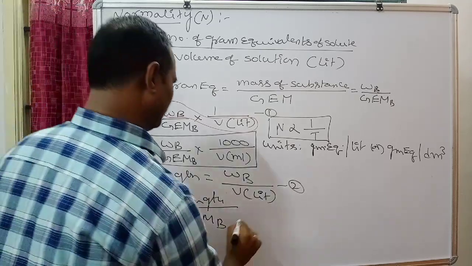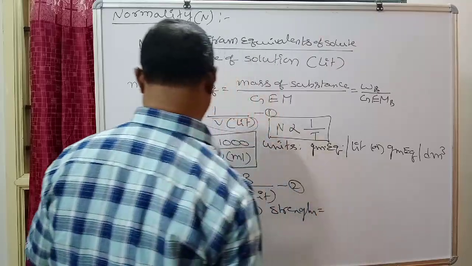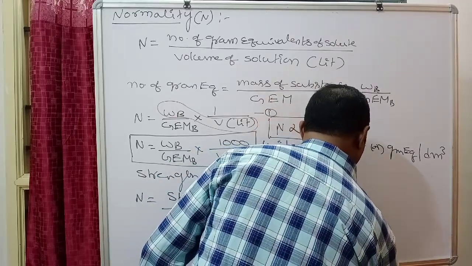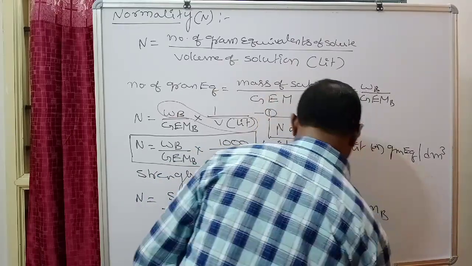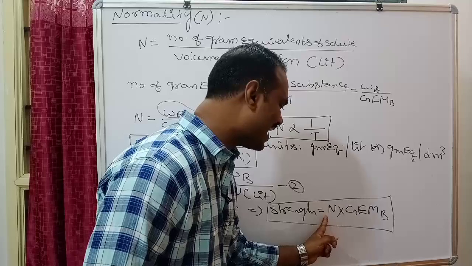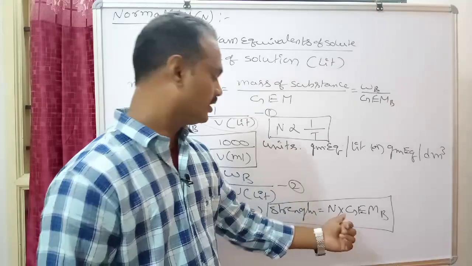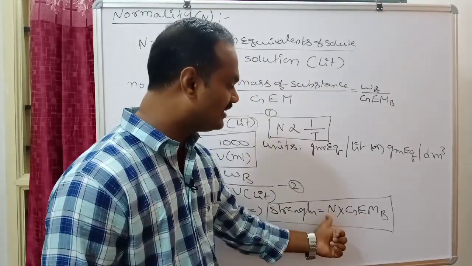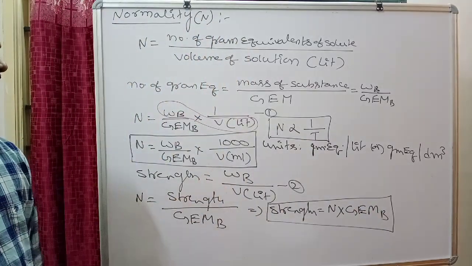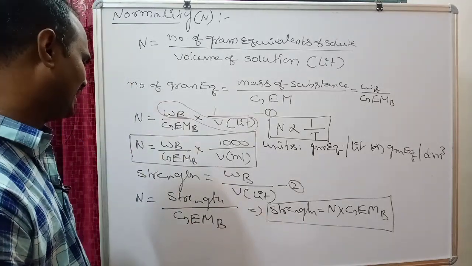From this, strength of solution is equal to normality into gram equivalent mass of solute. Carefully see, to find strength, if molarity is given, it is M into molar mass of solute. If normality is given, it is normality into gram equivalent mass of solute. Is it clear? This is the relation of strength, gram equivalent mass and normality.